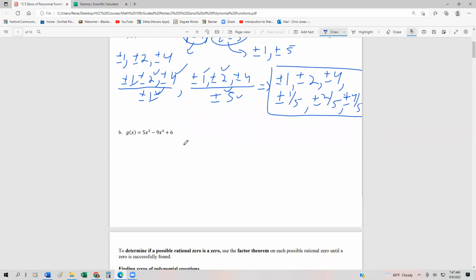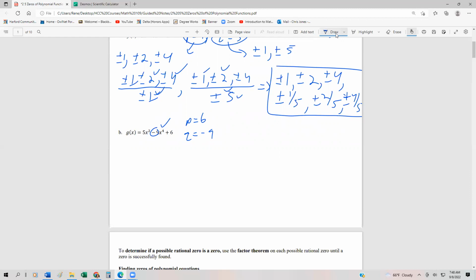Now, a secondary example, we have 5x squared minus 9x to the fourth plus 6. A lot of students might say that p is 6 and that q is going to be 5, but that is not correct, okay? For p and q, of course, we need the plus minus. So p in this case is going to be 6, and q is actually going to be -9 because that's the coefficient of the term with highest degree.